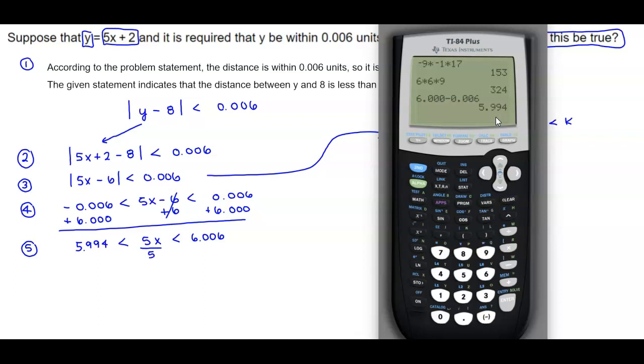So we're going to divide everything by 5. Let's see what happens when we divide everything by 5.